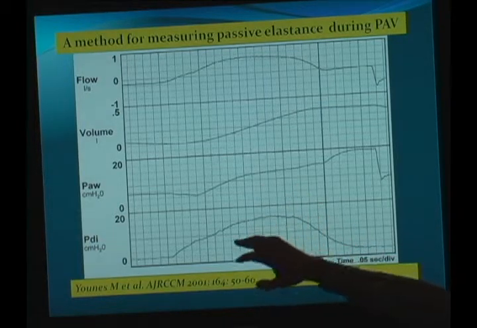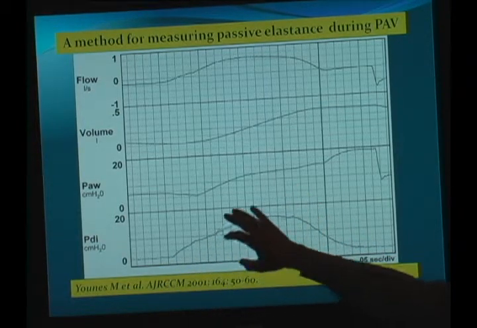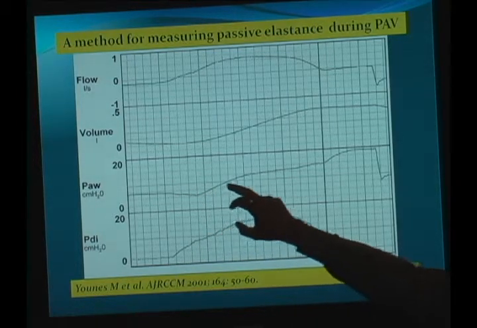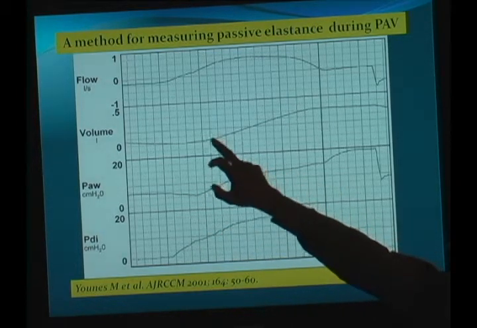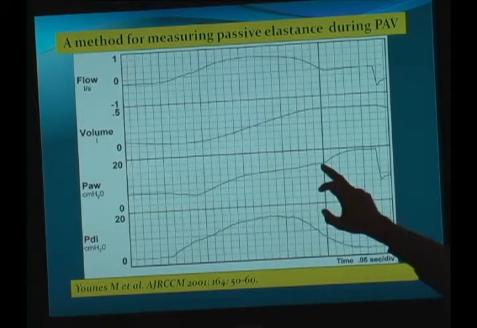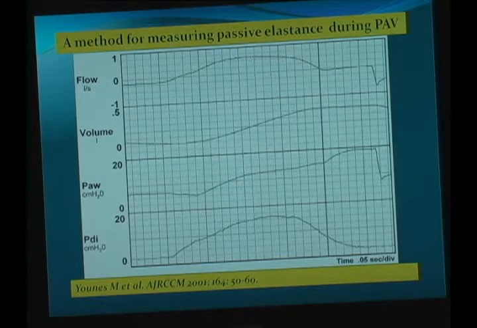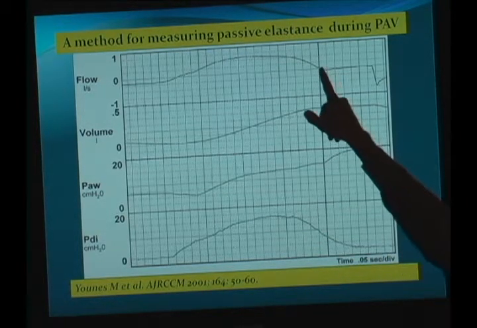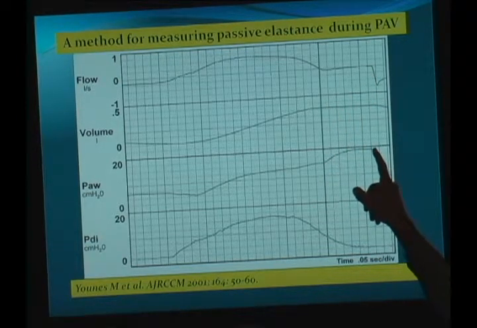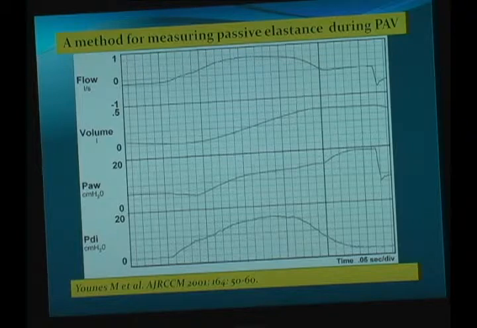After one supported breath, the patient triggers the machine, the pressure goes up, multiplying the volume and flow observed, and after that it randomly puts in an inspiratory pause in which the flow is stopped, and you can see that the pressure goes a little bit up. When the respiratory muscles relax, you have only the passive pressure inside the lungs.